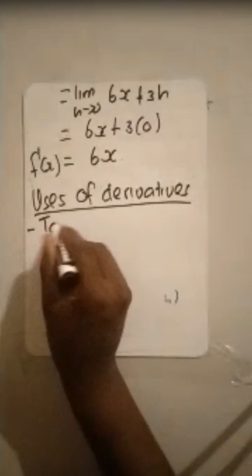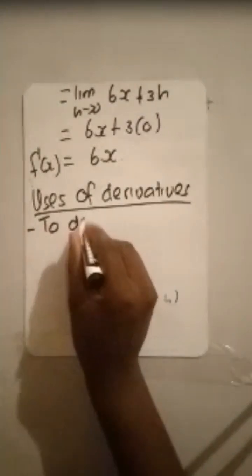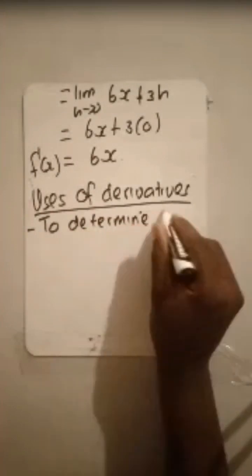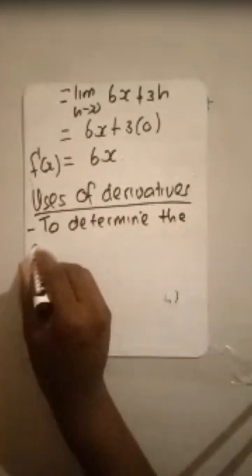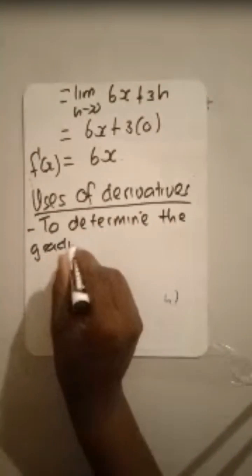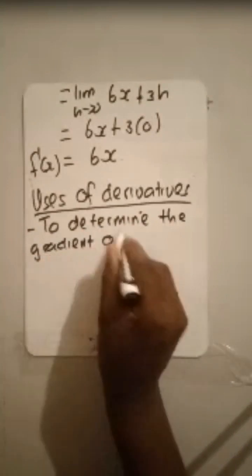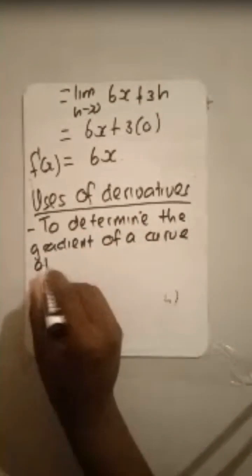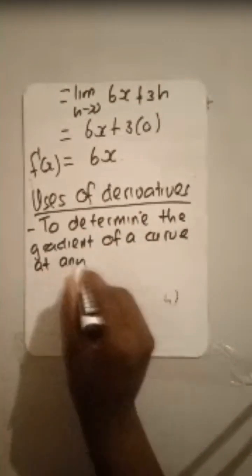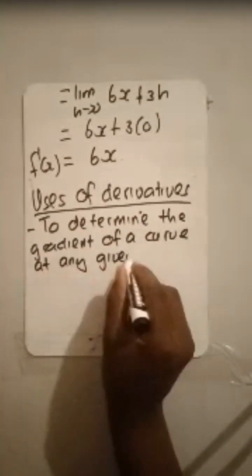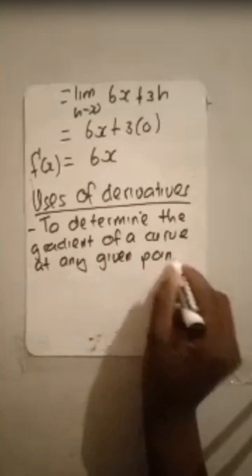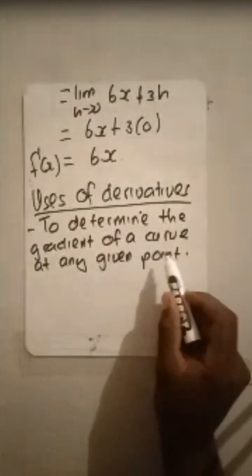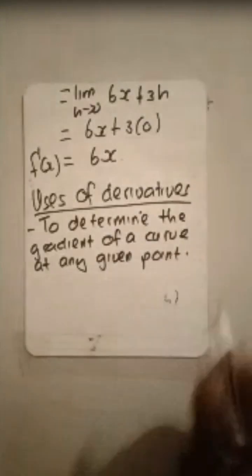The first one, number one, is to determine the gradient of a curve at any given point.